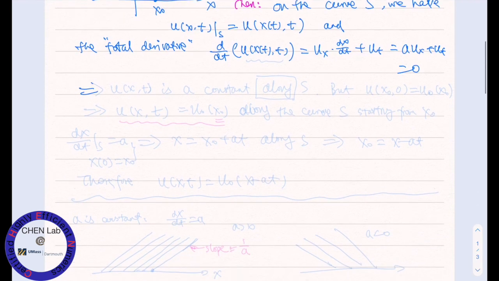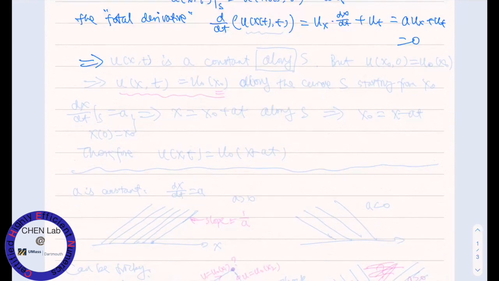If you differentiate something with respect to t and get 0, this means that u(x,t) is a constant along S. That's an important concept: if you restrict yourself along S, then u is actually a constant.